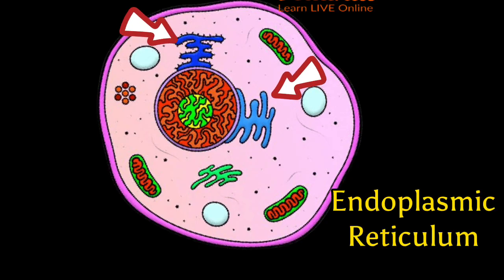Next is the endoplasmic reticulum. The endoplasmic reticulum in the cell is divided into two types. We have the smooth endoplasmic reticulum and the rough endoplasmic reticulum. The rough endoplasmic reticulum has ribosomes embedded on its surface. That is why it is referred to as rough. While the smooth endoplasmic reticulum is smooth and does not have any ribosomes attached to its surface.